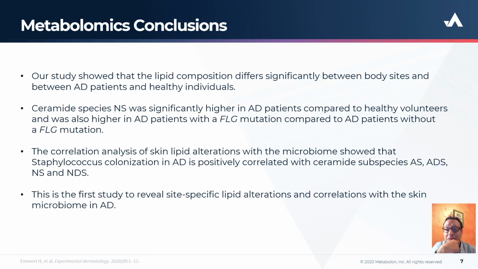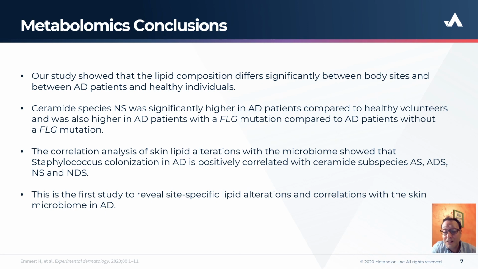Finally, to conclude, the study was able to show that the lipid composition differs significantly between body sites and between atopic dermatitis patients and healthy individuals. Ceramide species NS was significantly higher in atopic dermatitis compared with healthy volunteers, and was also higher in atopic dermatitis patients with an FLG mutation compared to atopic dermatitis patients without the FLG mutation.